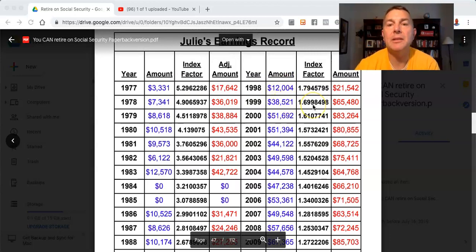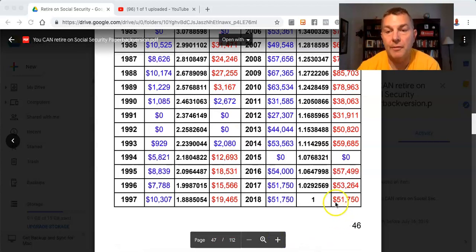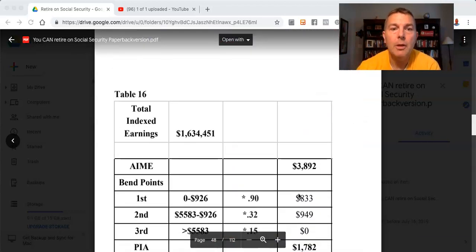But when we index it for the index factor for her date of birth or earliest year of eligibility, which is 1958, when she was born, 1.69 is the index factor, so that means $65,480 is what Social Security uses to determine her PIA. $65,480 is worth more than $51,750 because these benefits going forward do not get indexed once you're at the age of 60.